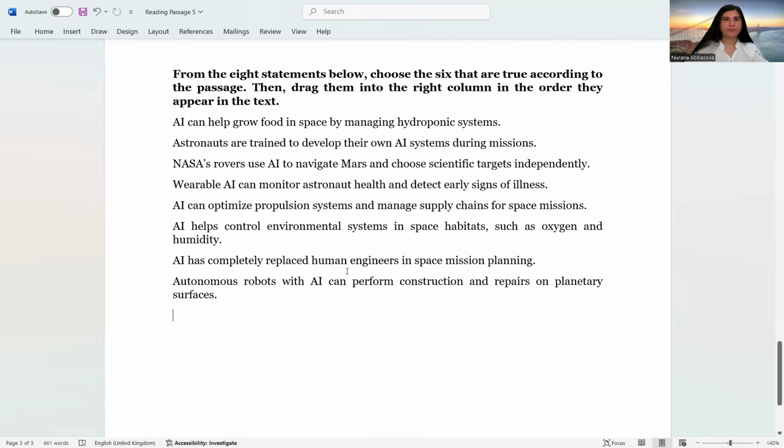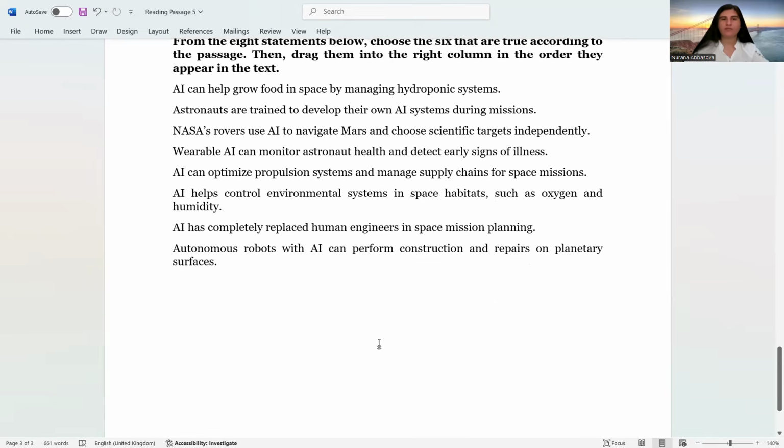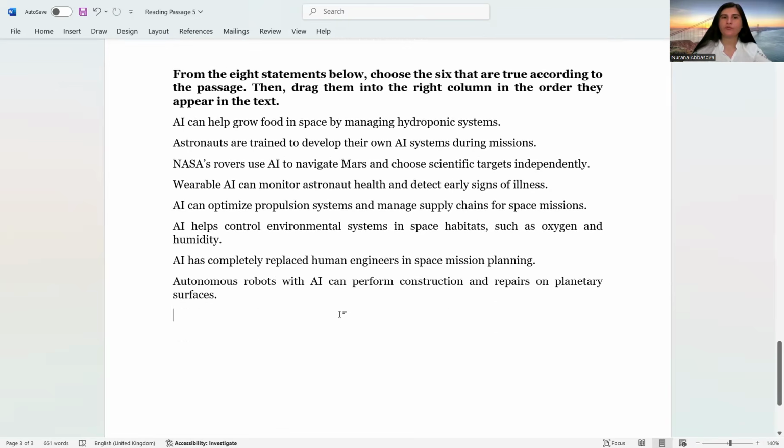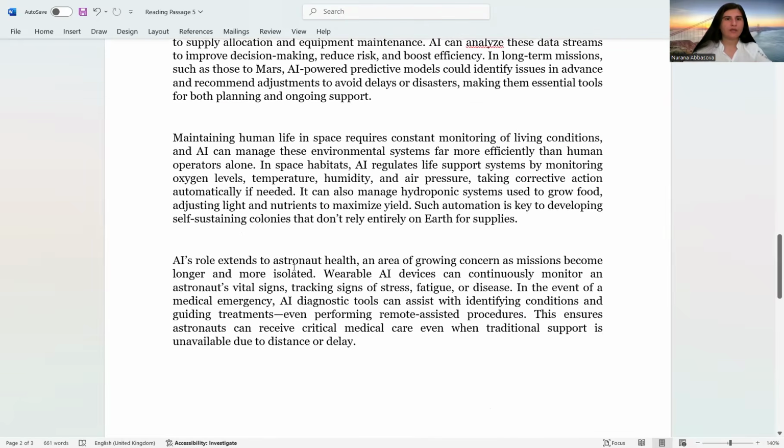Now, one more thing. Let's say it's not a detail, it is the main idea of your paragraph. Generally, where do we get the main idea? We get the main idea from the first and last sentence of each paragraph. For example, I'm just taking a random one.